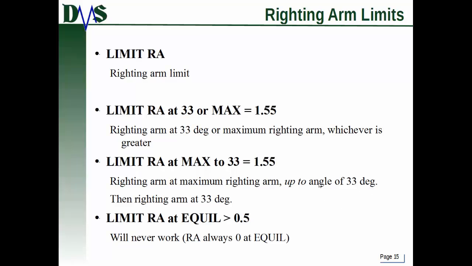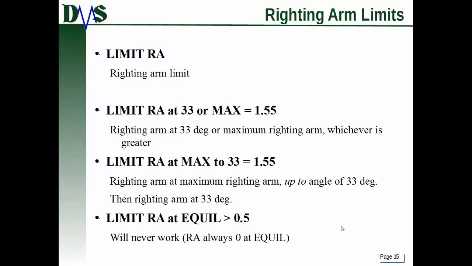And if the maximum righting arm occurs at an angle past 33 degrees, you just take the arm at 33 degrees. So pay careful attention to the formatting on these two. They look very similar, but switching a few keywords around changes how GHS behaves.